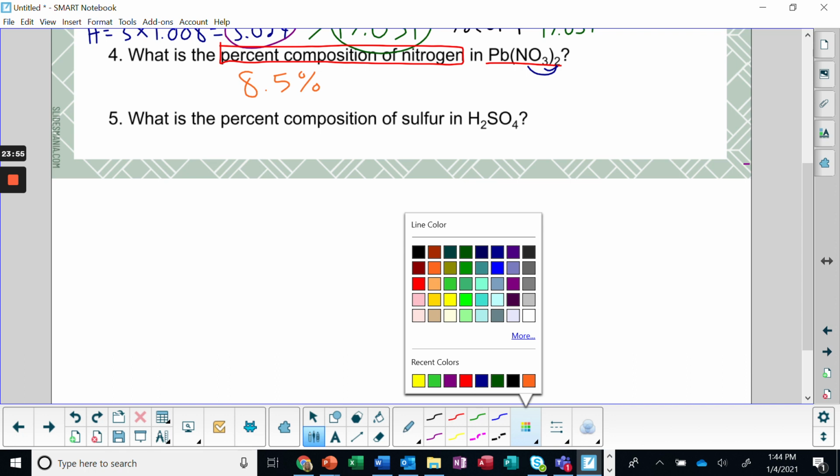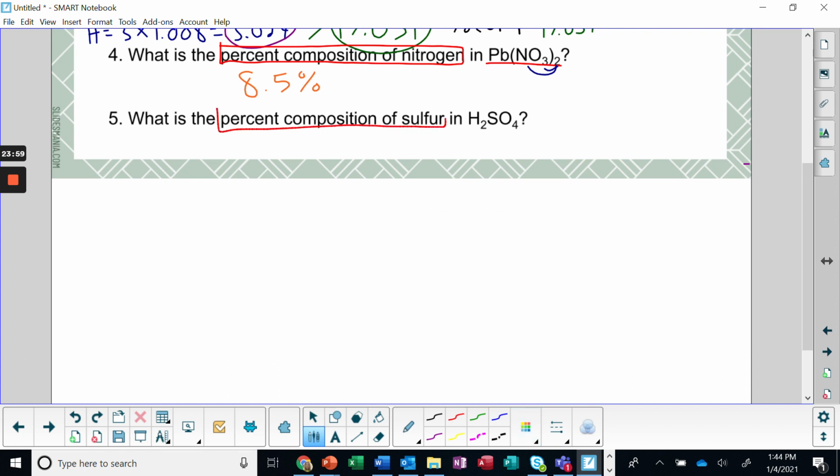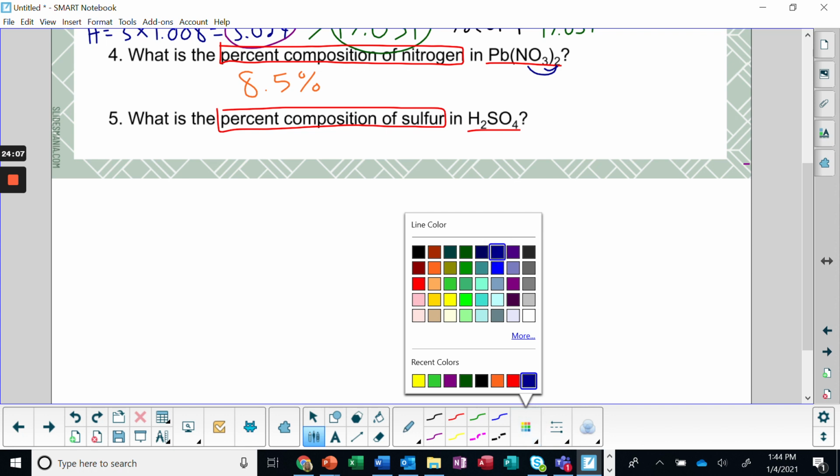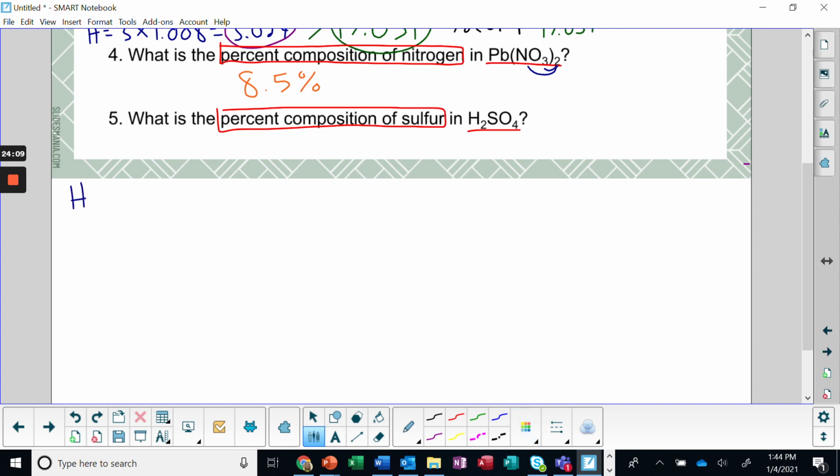Okay, here we go. So I want to know, what is the percent composition of sulfur in sulfuric acid? List out those elements. And how many you have of each one. Hydrogen we have 2, sulfur 1, oxygen 4.